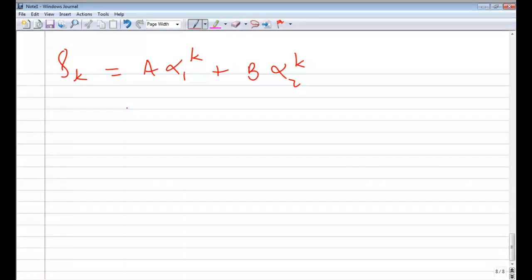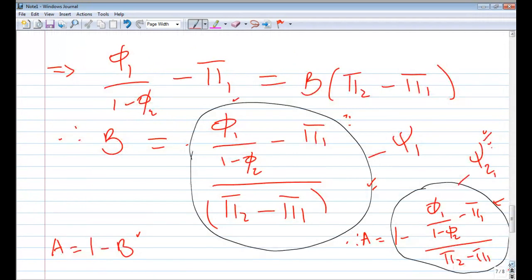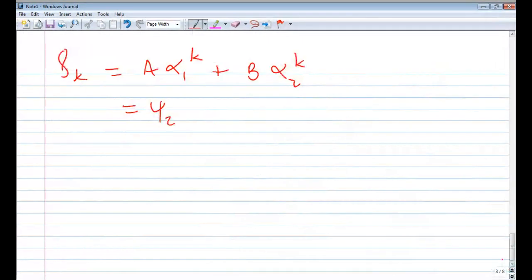Okay. So now, A now it's what? It's psi 2. Is it psi 2 or psi 1? It's psi 2, yes. Then alpha 1 is pi 1, then to the power k.